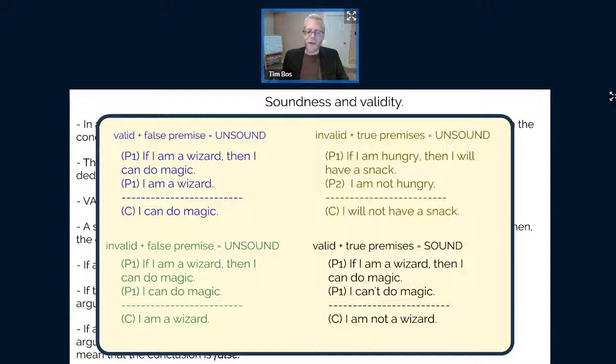But then we evaluate for truth. Are the premises in fact true? The first premise looks like it's true. I think that's sort of a definitional truth, right? If you're a wizard, you can do magic. That's what makes you a wizard. But I am a wizard? That premise, unfortunately, is false. So the whole argument is unsound.